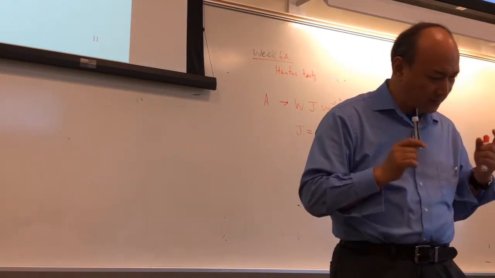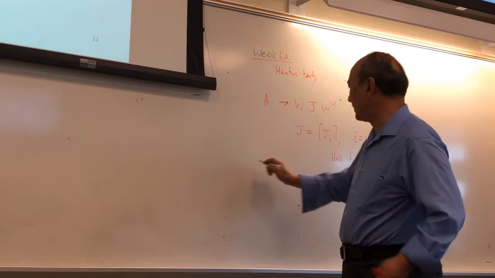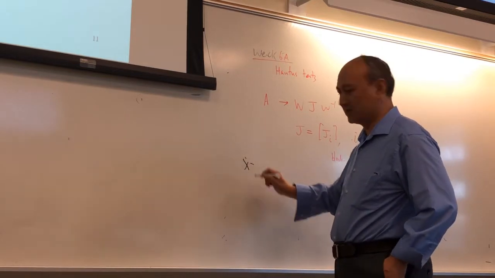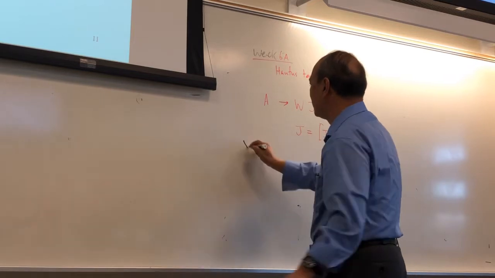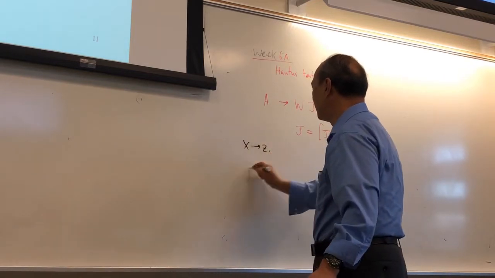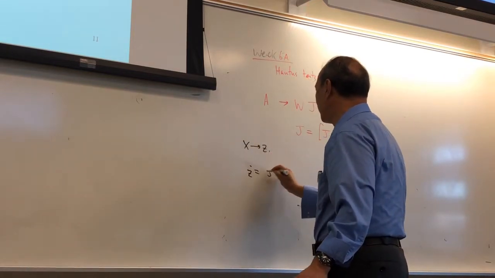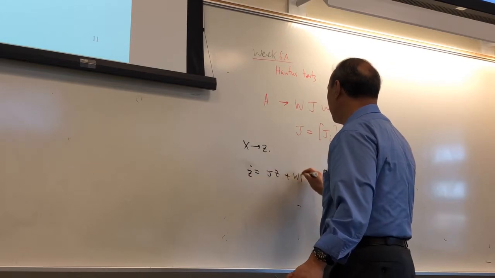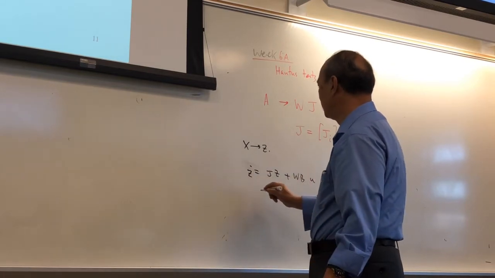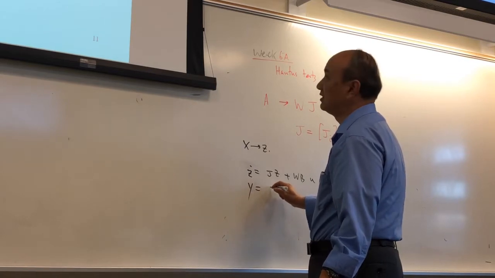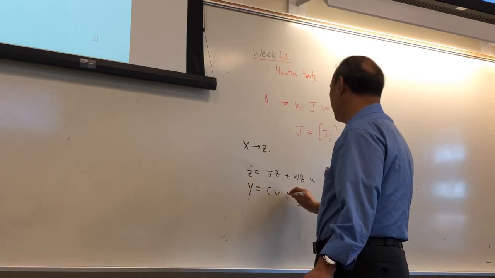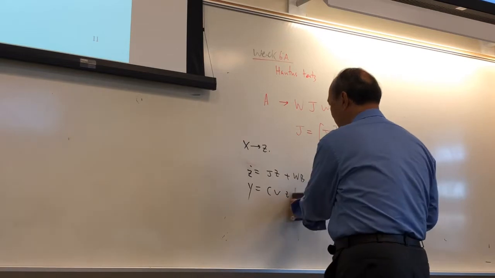So you make that one, and x dot is A x plus B u. You turn x into z coordinates. Then z dot becomes J z plus W B u, and y is C V z.